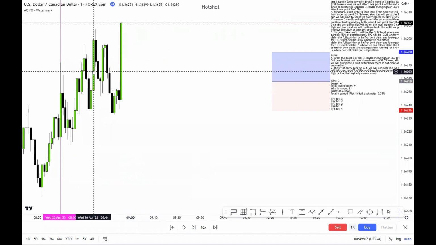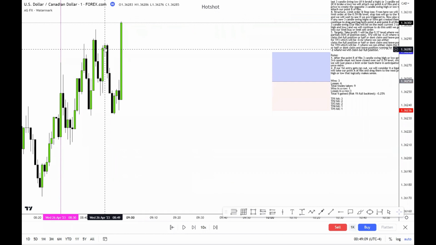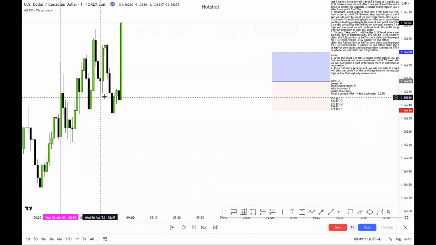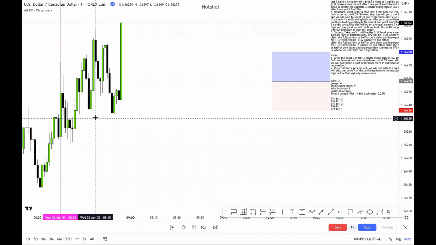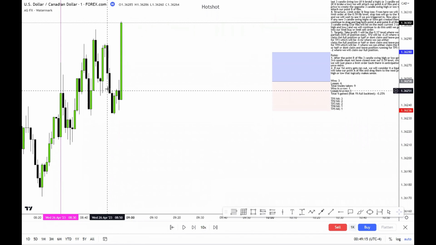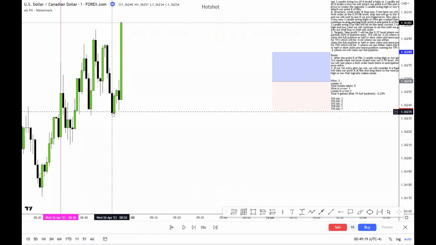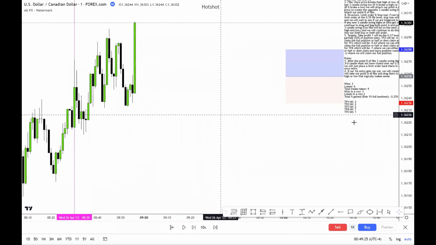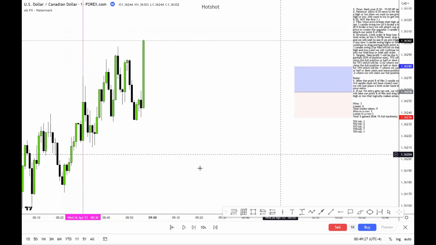So if this is the intermediate term low that rebalanced the imbalance, it didn't hold, but very, very interesting, you know what I mean?